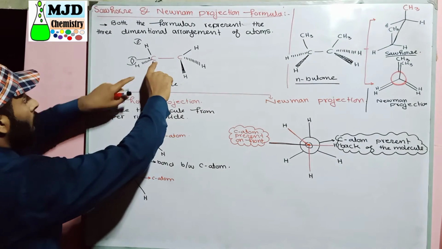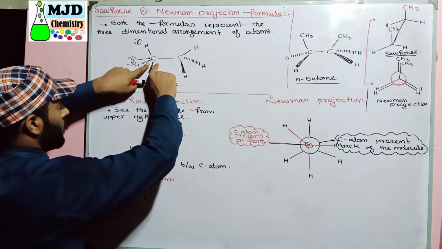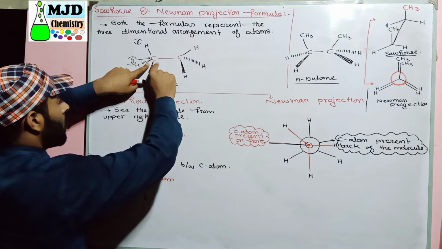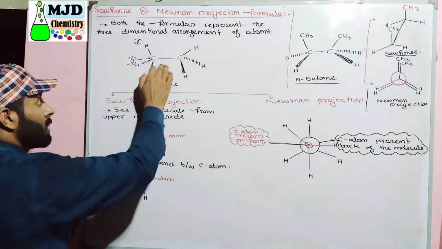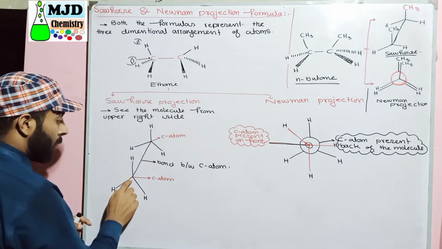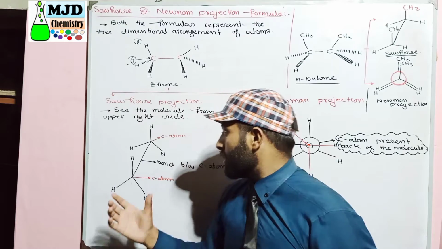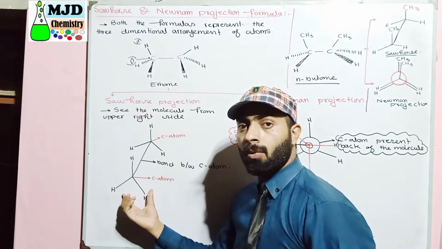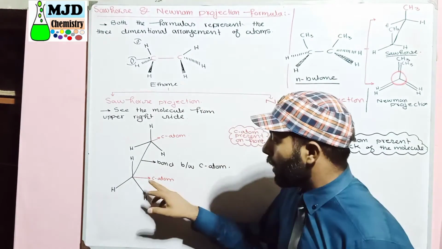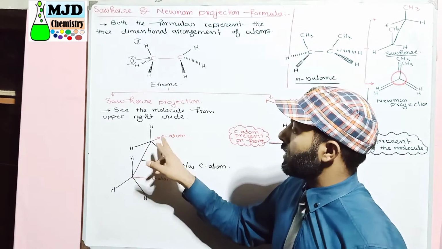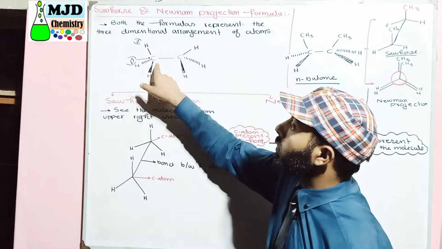And then I write the structure of this molecule, this carbon atom. Here 3 hydrogen atoms are present in a similar way. 1 is on the upper side and 2 below. This is the formula of Sawhorse projection, where this point of intersection represents the carbon atom. Here 1 carbon atom, 2 carbon atom.